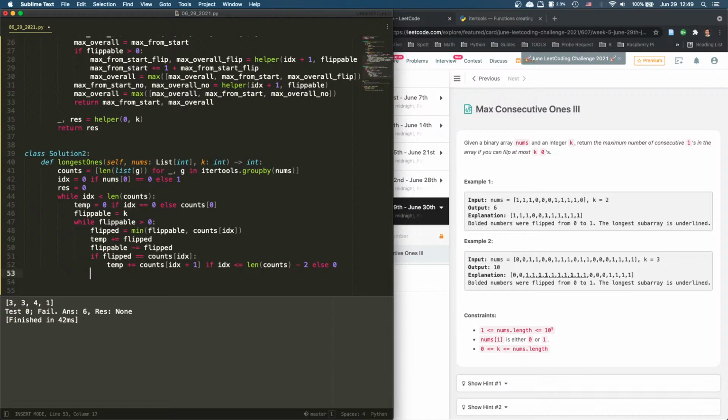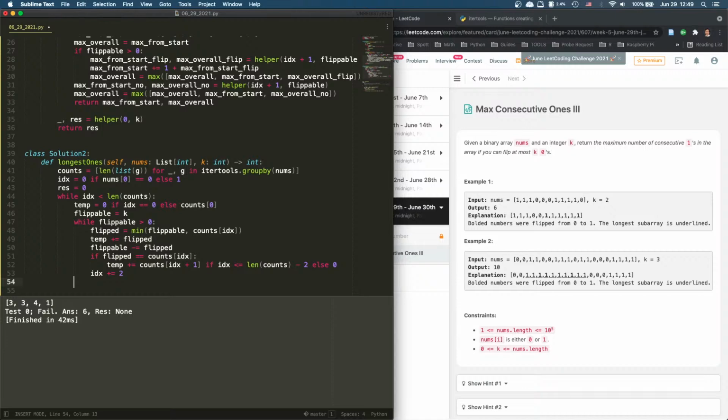Oh, and also index plus equal to 2. Right, so index plus equal to 2. And I'm going to count index plus 1, right? And then, hold on.